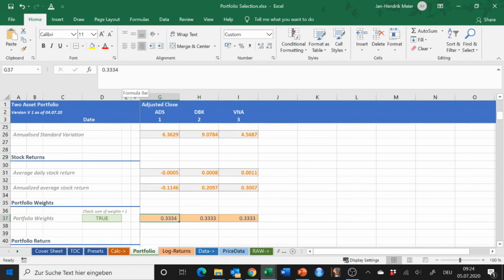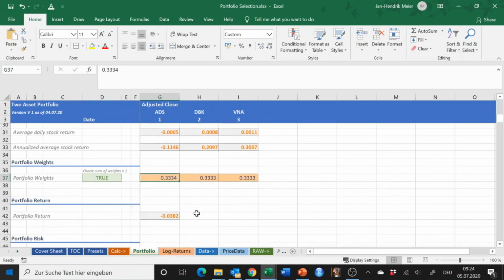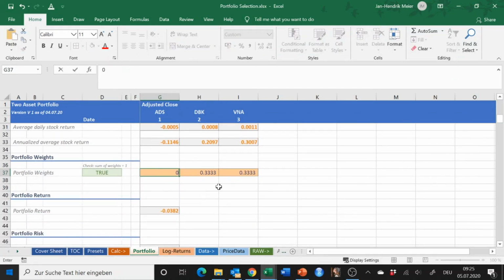So what I calculate here is an equally weighted portfolio. I can change the portfolio weight, of course, to 0.5. Here you see a check so that the portfolio weights always need to add up to 1. So this is not yet given, so I get a red flag here. But let's stick with the equally weighted.